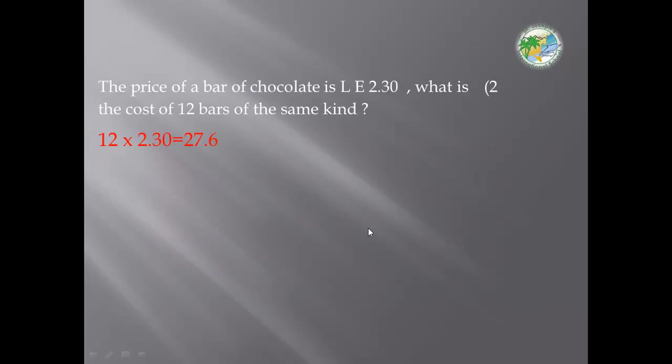If the price of a bar of chocolate is 2.30, what is the cost of 12 bars of the same kind? This is a famous example. If we want to buy chocolates, according to the price of one chocolate, we can find the price of a number of chocolates. So we should multiply. One chocolate is 2.30, so for 12 bars we multiply 12 times 2.30.